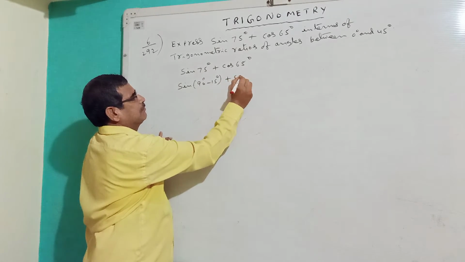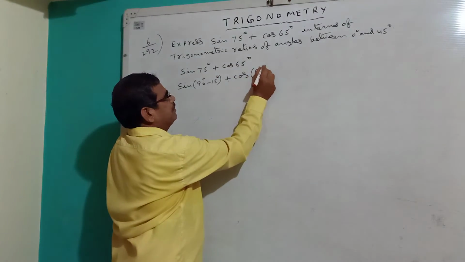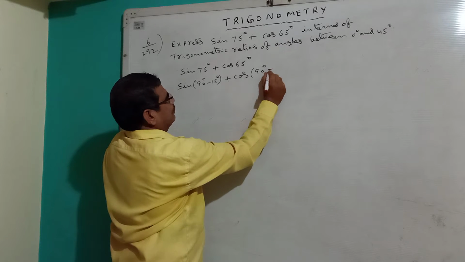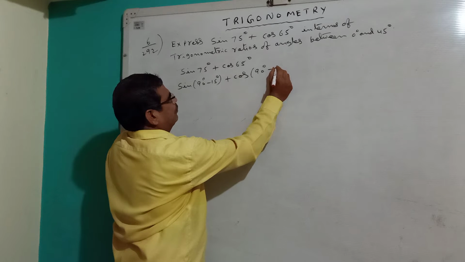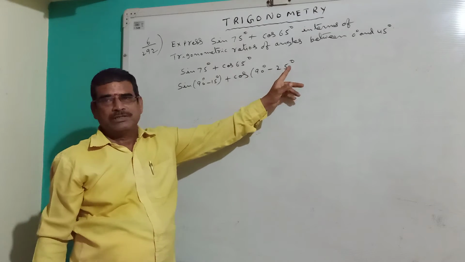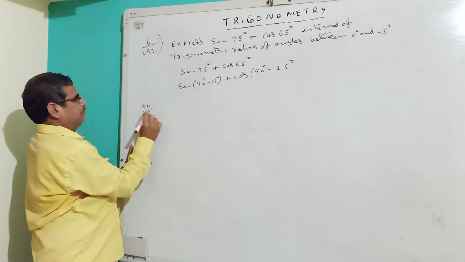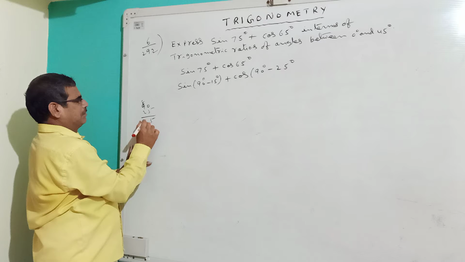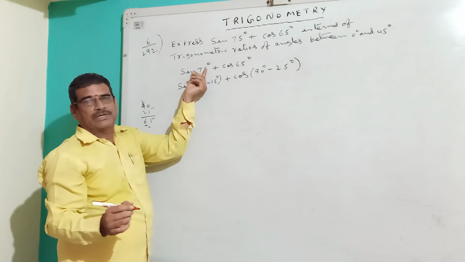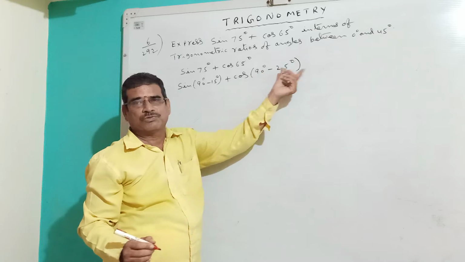Here also in cos, instead of writing 65, I am writing 90 degrees minus 25 degrees. Once again I am checking: 90 minus 25 is 65. So instead of writing 75, I am writing 90 minus 15. Instead of writing 65, I am writing 90 minus 25.